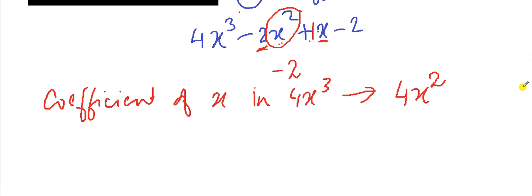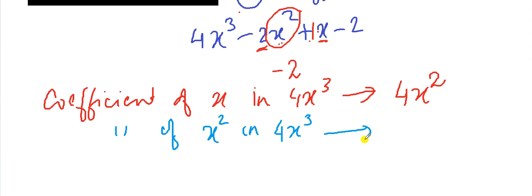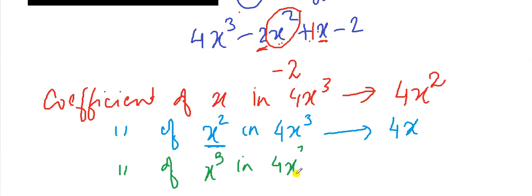Let me expand this to more examples. Coefficient of x square in 4x cube. Let me take the same term. It will be 4x. So basically the coefficient of this term multiplied with this term gives you the entire term. A third example will be the coefficient of x cube in 4x cube.